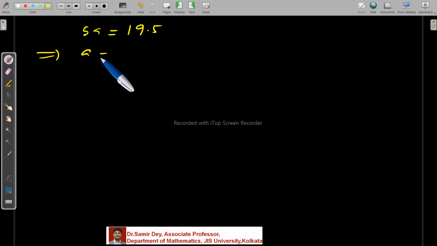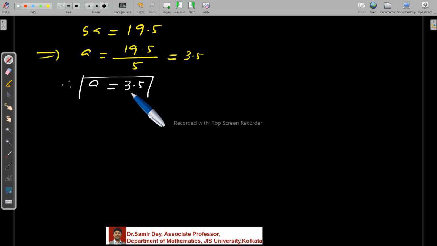So a = 19.5 by 5, which equals 3.9. Now therefore, what is a? a = 3.9.